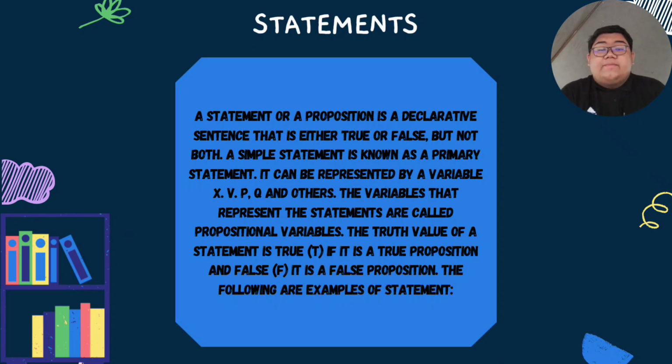The variables that represent the statements are called propositional variables. The truth value of a statement is true (T) if it's a true proposition and false (F) if it's a false proposition. The following are examples of a statement.